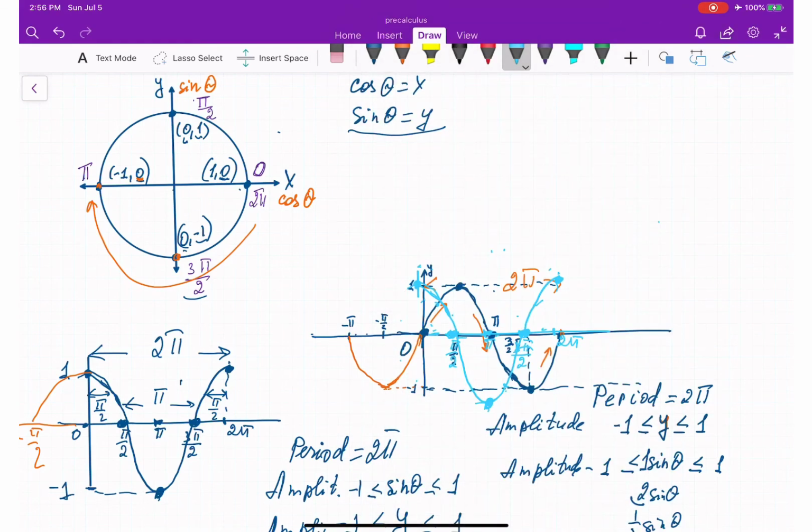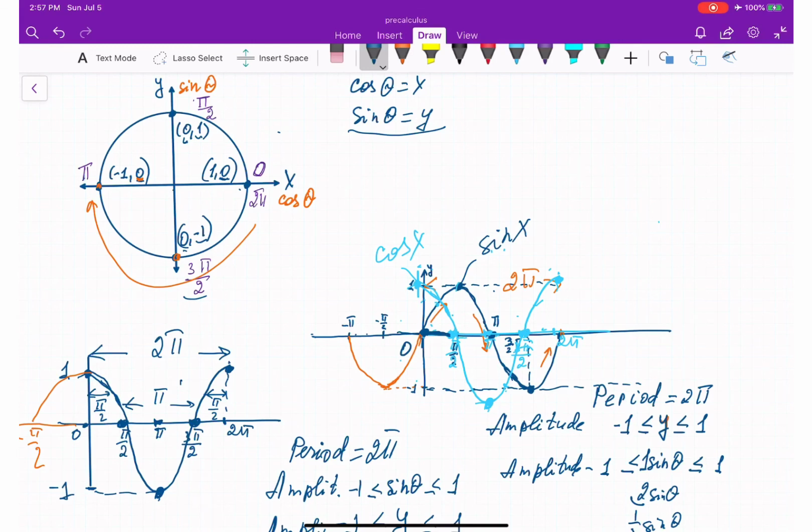See, what can we say? Between sin x and cosine x, there is a shift by how much? 90 degrees, yes? Half a pi, 90 degrees.